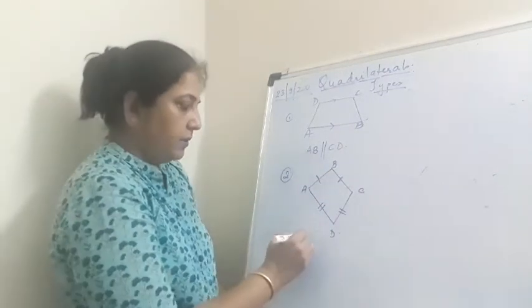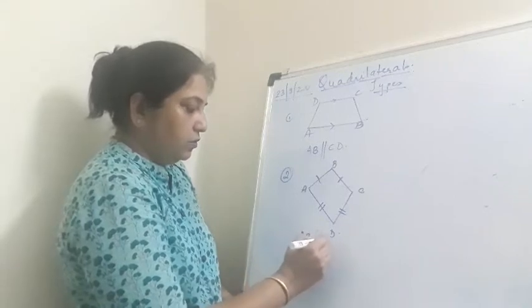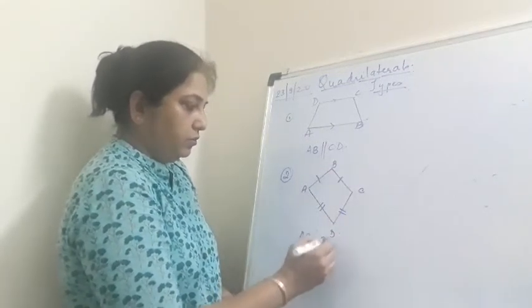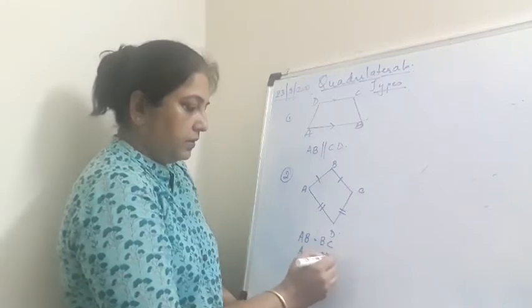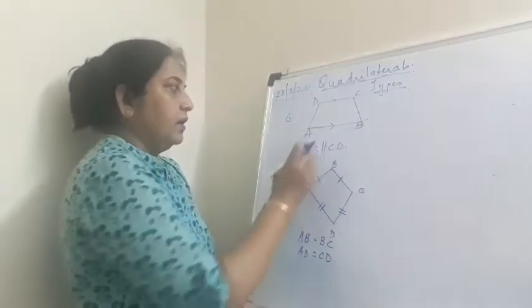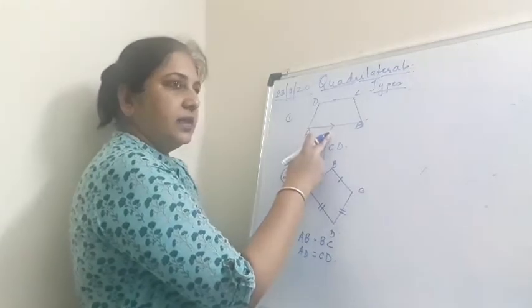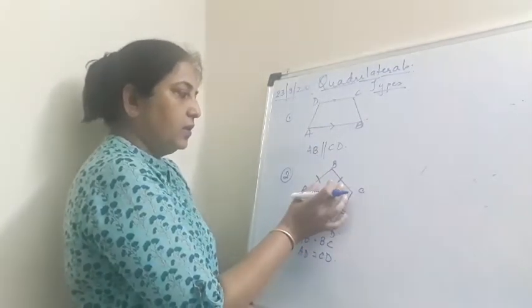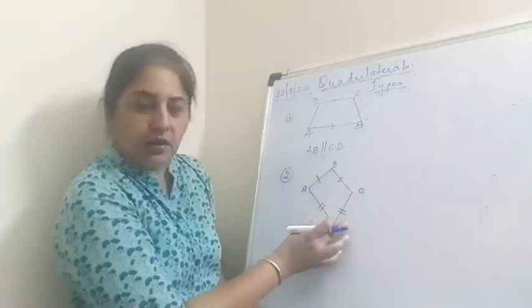So we can write AB is equal to BC, and AD is equal to DC. Here, this consecutive pair is equal and this pair is equal.